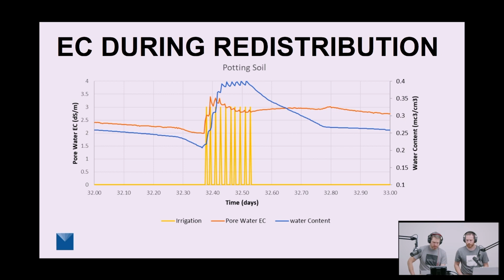And then when drainage starts to happen, some of that is moved out. Yep.